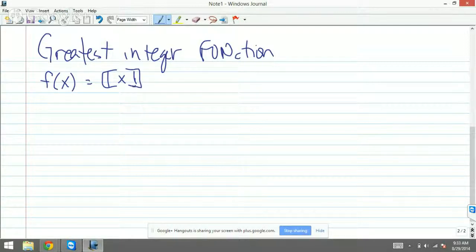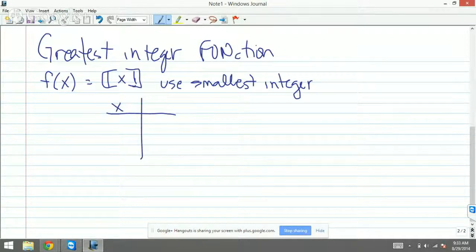Yep, the staircase. All right, so this means basically use the smallest integer. So if x is 0.5, the smallest integer compared to that is, okay, Jared? 0.